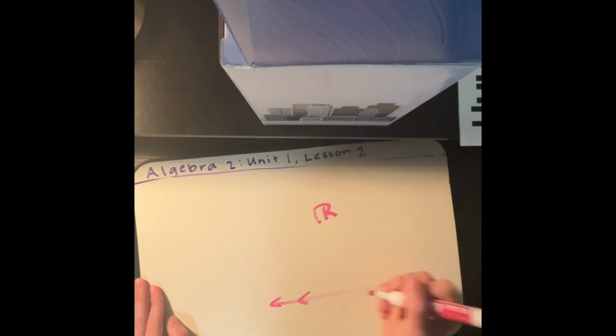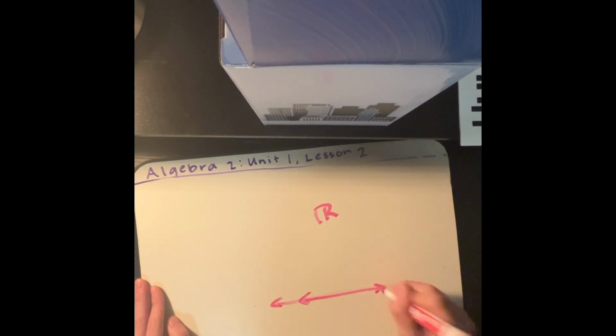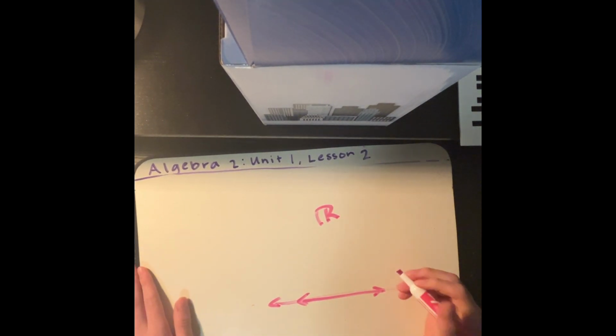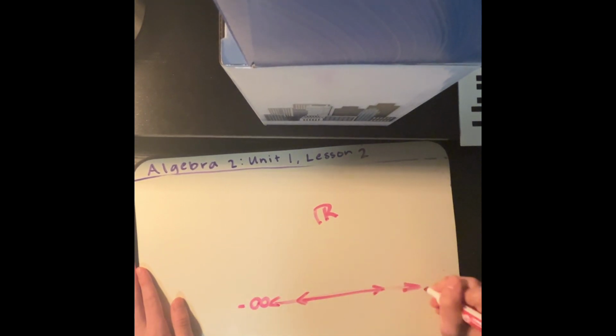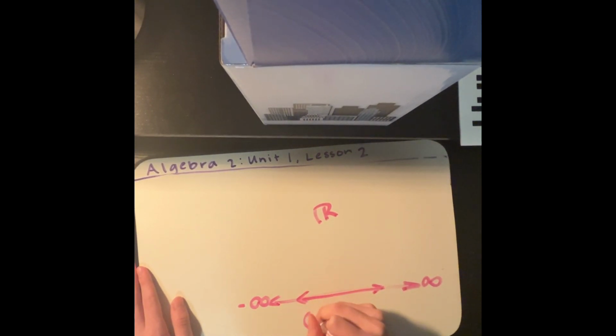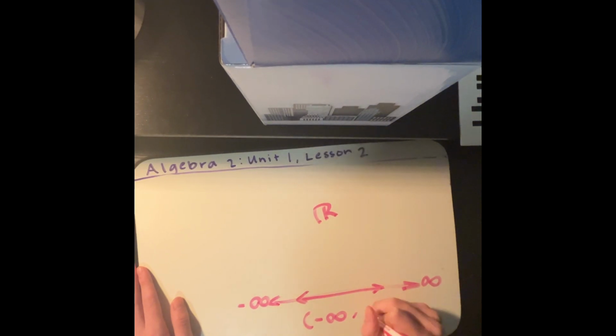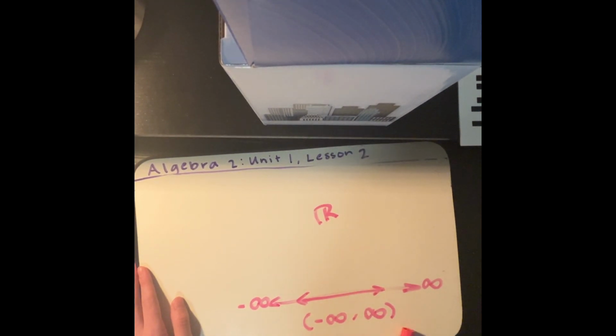All real numbers would look something like this because it goes on forever in both directions, both to negative infinity and infinity. So our interval notation would just be negative infinity, comma, infinity. And we know that they have parentheses because they're infinities. So that's how that works.